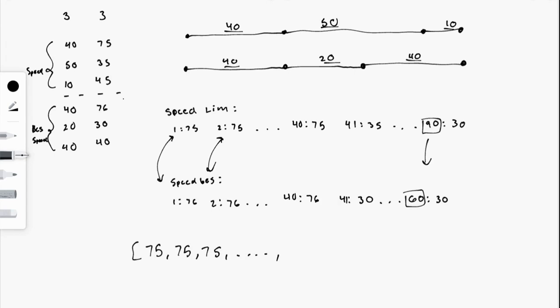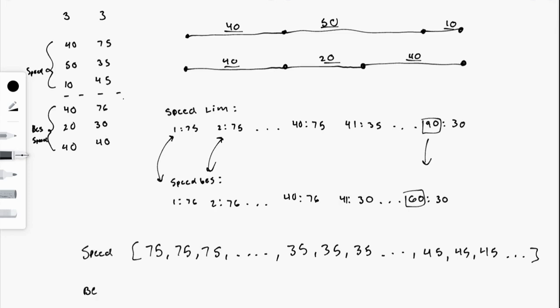Then 50 times, we'll be putting 35, and so forth. And then for 10 of them, it will be 45. And this will be the speed.